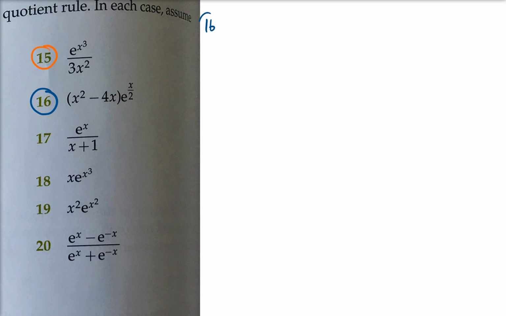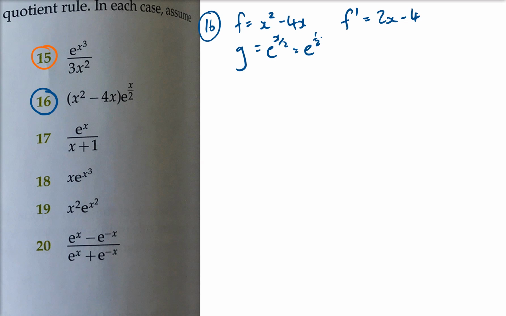So again, 16. f equals x squared minus 4x, so f dash equals 2x minus 4. g equals e to the x over 2, which is e to the half x, so g dash is half e to the half x.